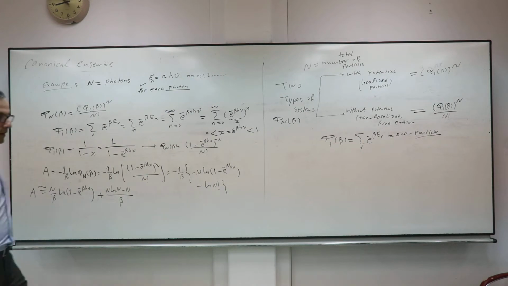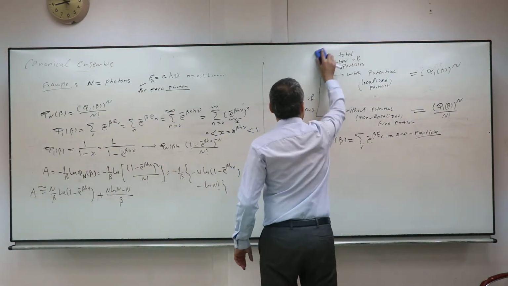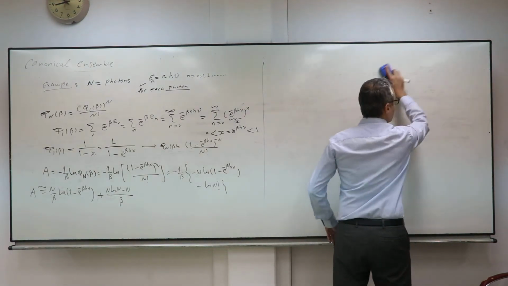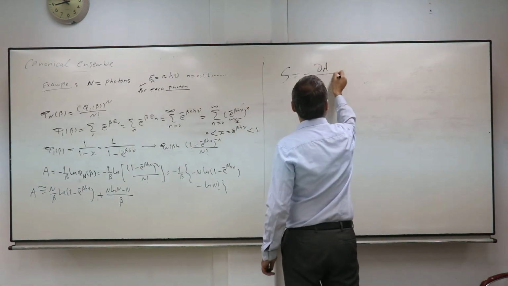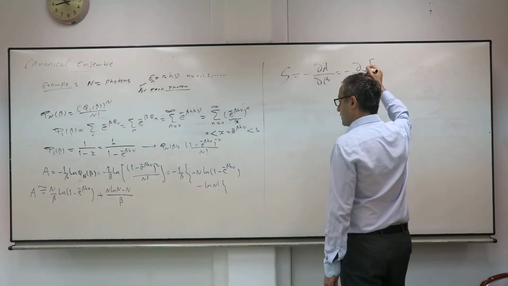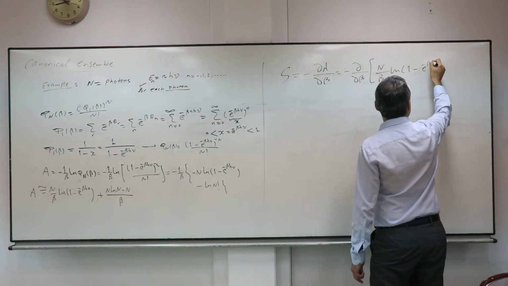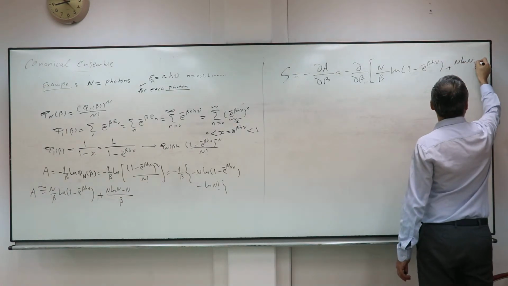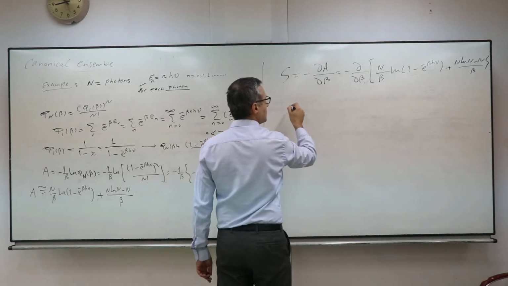S is minus the partial derivative of A with respect to beta. And beta here, n ln of 1 minus e to the minus beta h nu, and n ln n minus n over beta.